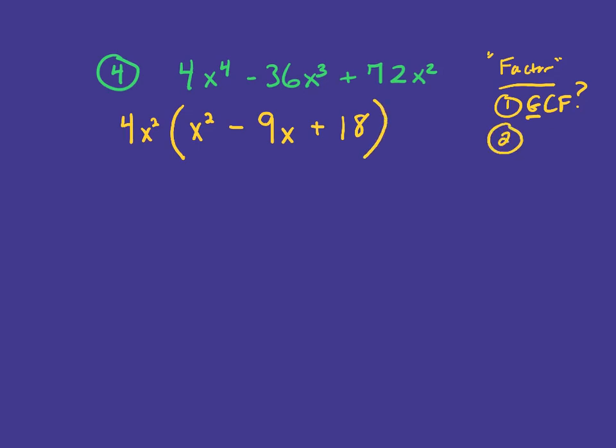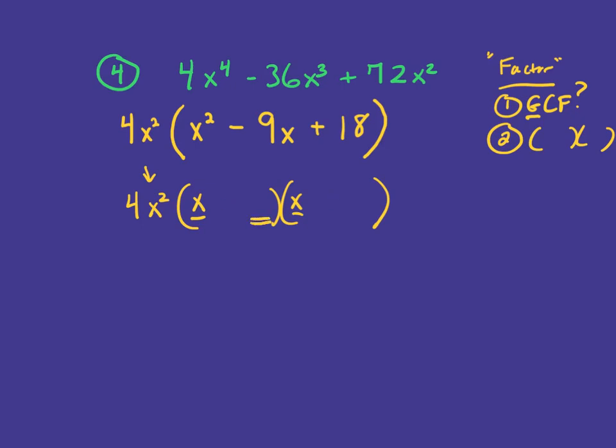And then next we'll go a little bit farther with that trinomial that's inside that parentheses. So 2 parentheses. Make sure you bring down the 4x squared. So we need 2 things that multiply to be x squared, x and x. It's not plus and plus up here, so we'll skip the signs in the middle there for a minute.